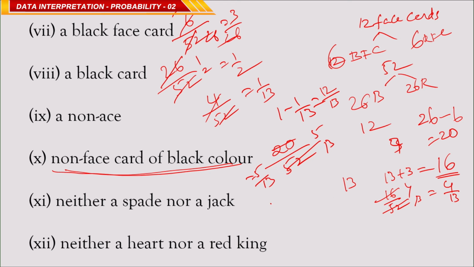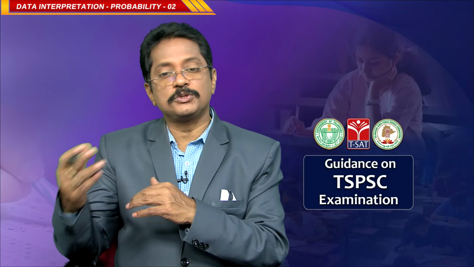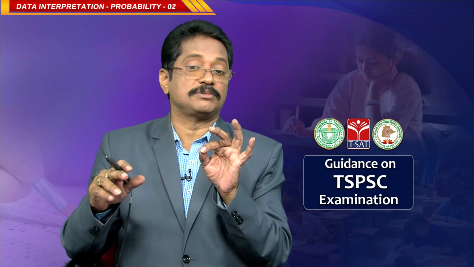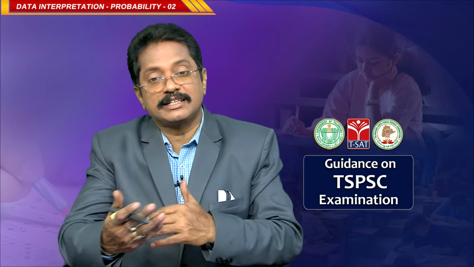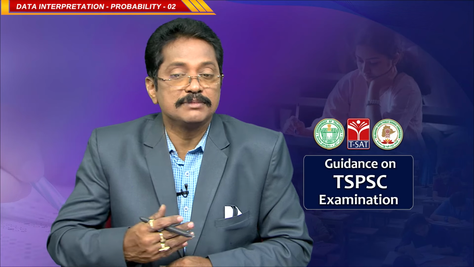So we can say 1 minus 4 by 13, which is 13 minus 4 over 13, 9 by 13. Sometimes, instead of calculating directly, you can use a complementary event. That is simpler, saves your time, and gives a simple way to get the answer.